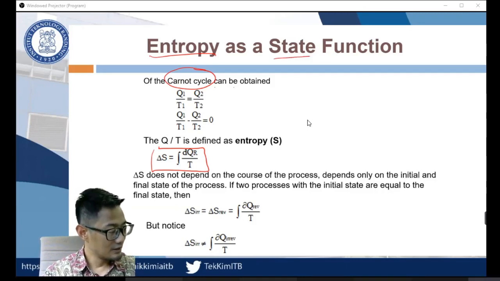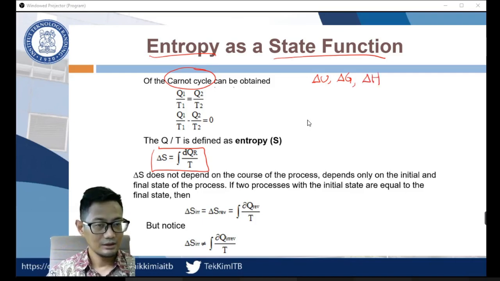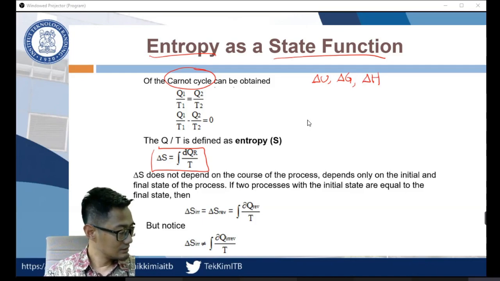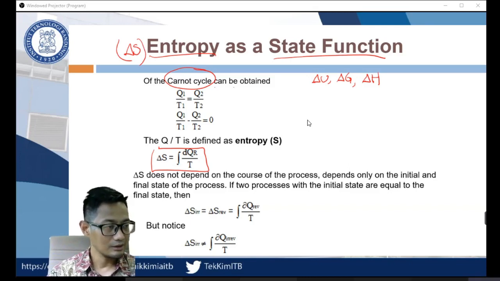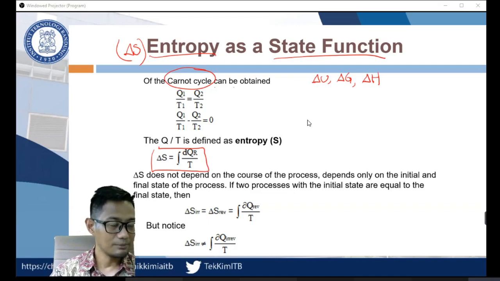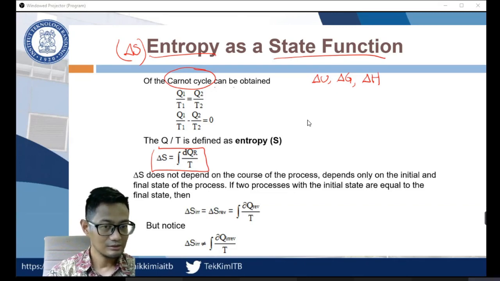Entropy is a state function, similar to internal energy, Gibbs free energy, enthalpy, and so on. So this entropy, the delta S, does not depend on the thermodynamic pathway, but only on the initial and final state.